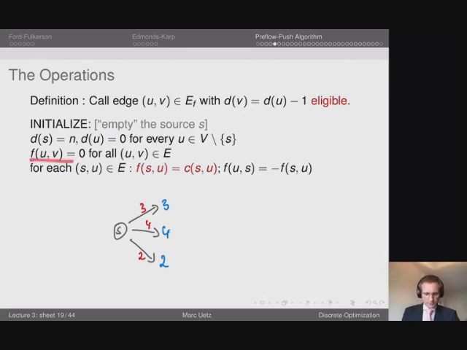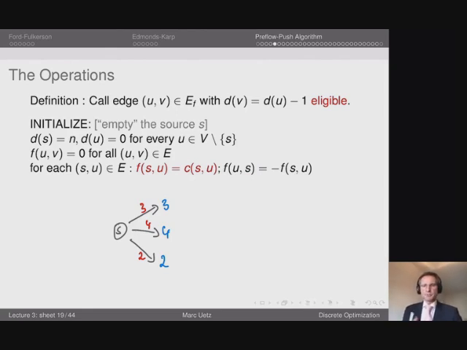The flow on all the edges is going to be 0 too. And for all the edges that leave the source node, we are setting the flow equal to the upper capacity, so really pushing the maximum amount of flow out of S towards the neighbors of S. And to make it skew symmetric, we also have to update the flow in the opposite direction. So that is how we start.